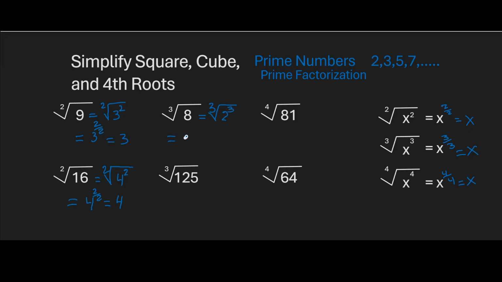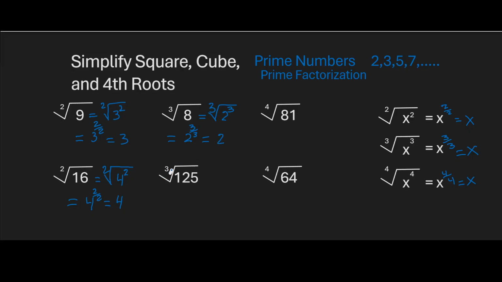The way this is going to cancel is because this number 3 is going to divide the exponent. So 3 divided by 3, the answer is 1. Because the exponent now is going to be 1, we're never going to write it. So the answer, cube root of 8, is going to be 2. And that's because this cube root cancels the exponent by dividing it. 3 divided by 3, the answer is 1. So that's how it cancels.